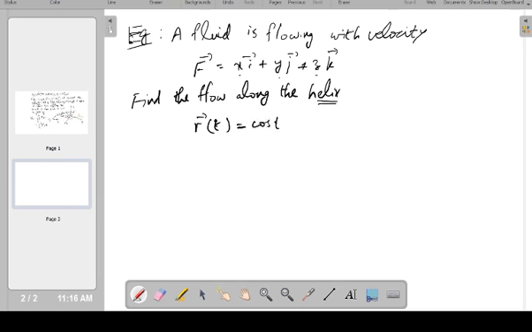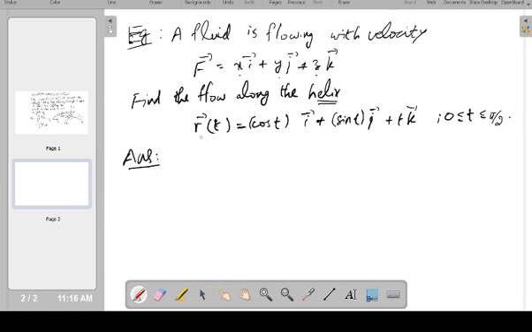So helix is cos t vector i plus sin t vector j plus t vector k, 0 less than or equal to t less than or equal to 2 pi. Oh, let us use pi by 2. Whatever, doesn't matter. Pi by 2.